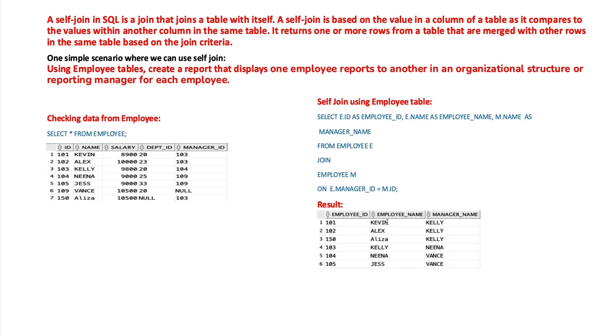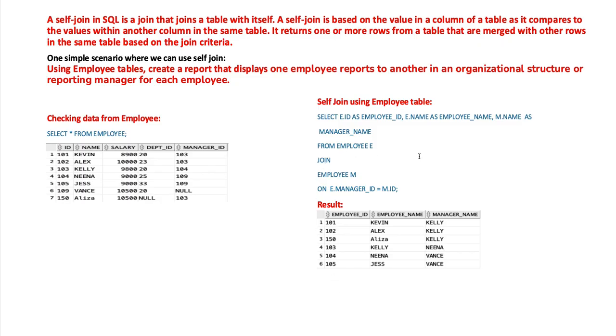For example, Kevin reports to Kelly, Alex reports to Kelly, Aliza reports to Kelly, Kelly reports to Nina, Nina reports to Vance, Jess reports to Vance, and Vance is the highest person in this company. There is no manager name for Vance, because from this list the manager ID for Vance is null. That's why it is showing only 6 records.